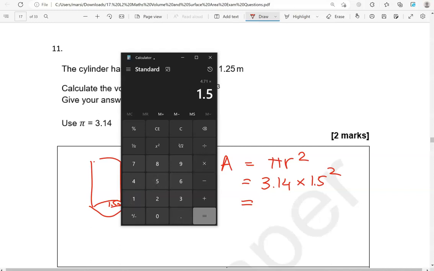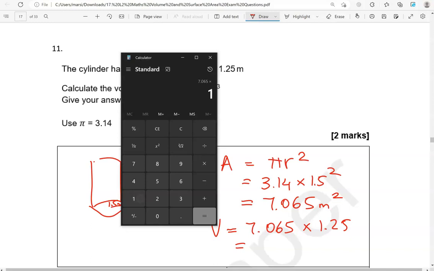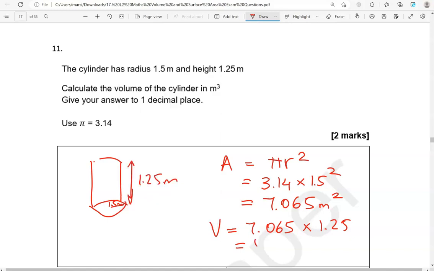Is a 7.065 square meters. Now, to work out the volume of the cylinder, we multiply 7.065 by 1.25, which is 8.83125 cubic meters.